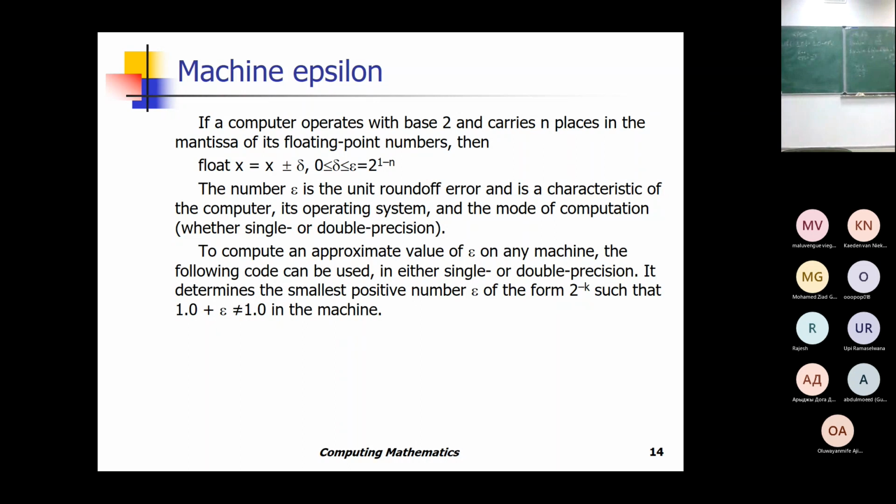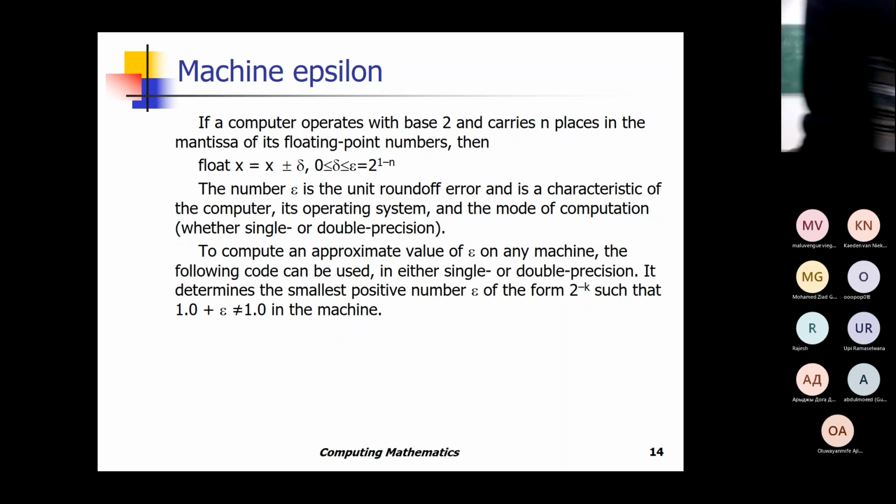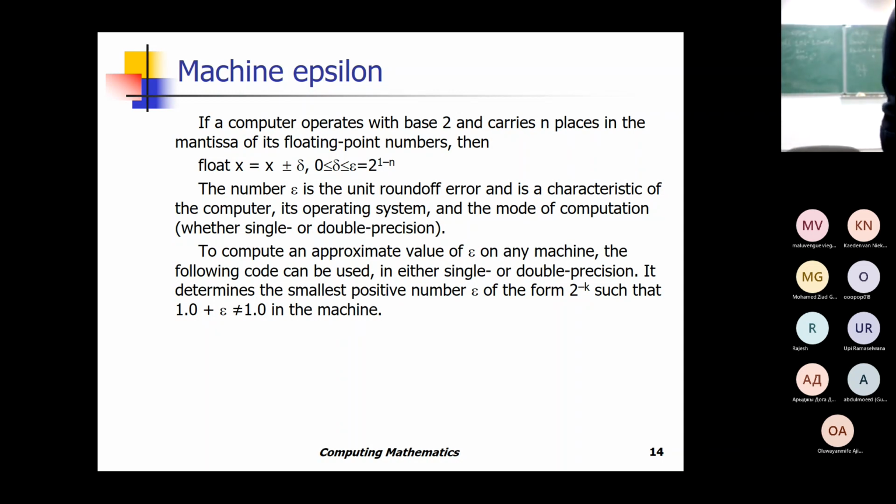Because it's a computer, a machine, it cannot represent very small numbers, because it has only 15 digits after the decimal point. So in real mathematics, on pen and paper, 1 plus epsilon never equals 1.